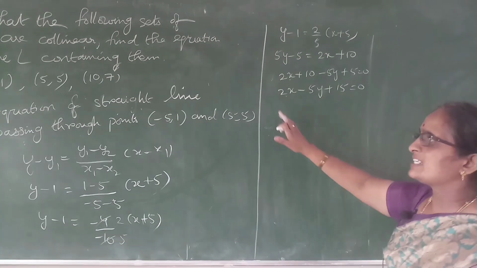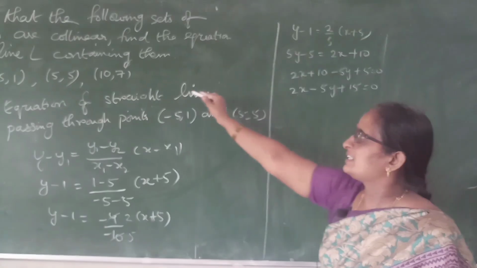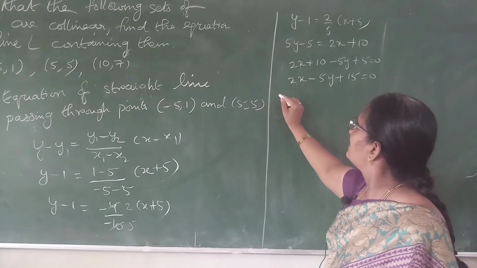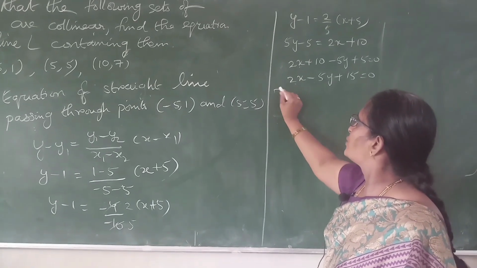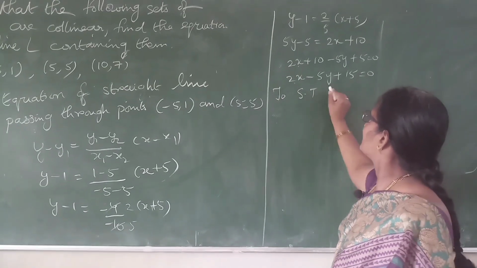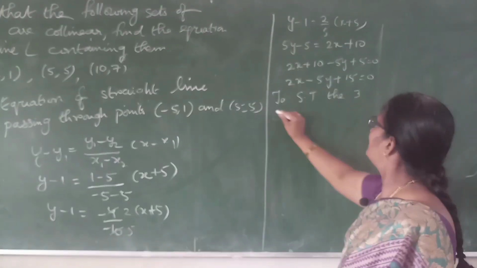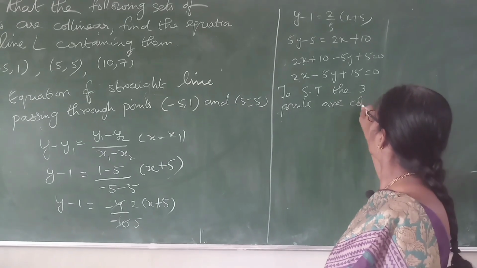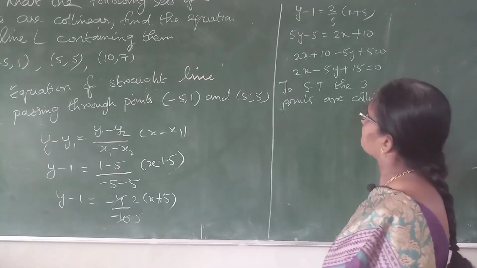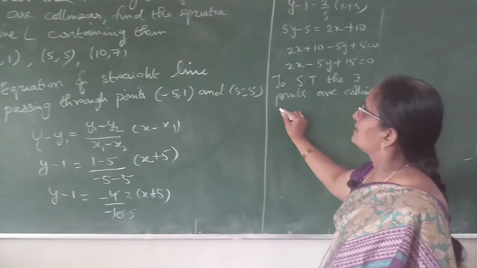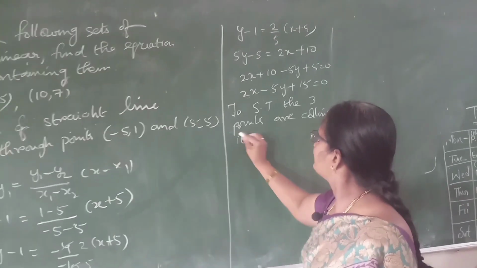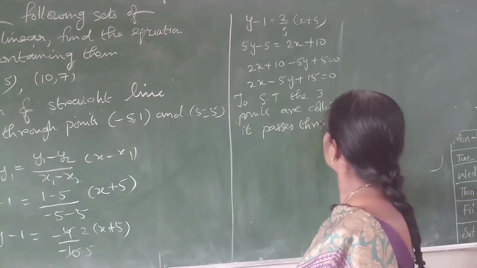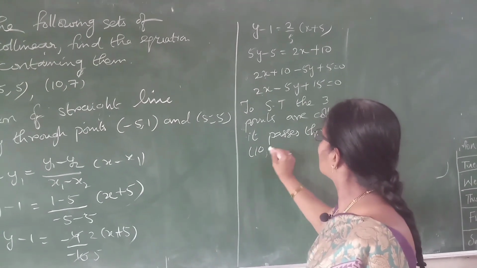Now we have to prove that it is collinear. So see that the point 10 comma 7 lies on this particular line. To show that the 3 points are collinear, see that it passes through 10 comma 7.